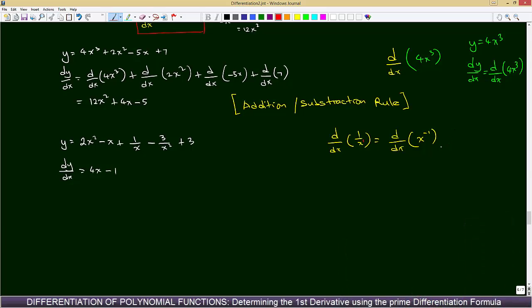So in this case, it is differentiation of x to the power of minus 1. So what is differentiation of x to the power of minus 1? That is equal to minus 1 x to the power of minus 2. Because this is minus 1, the 1 can just disappear. We don't really need to show it. So minus x to the power of minus 2. And what about this one? The same. Okay, identical to the first situation.